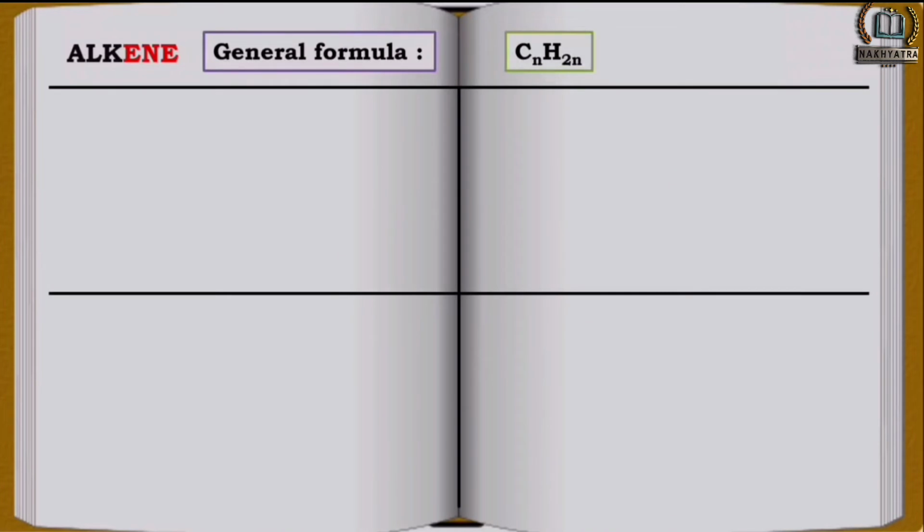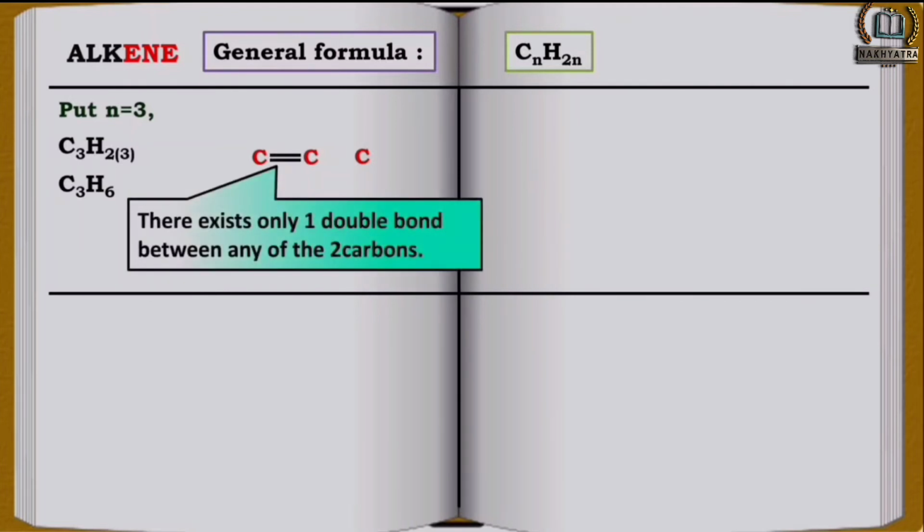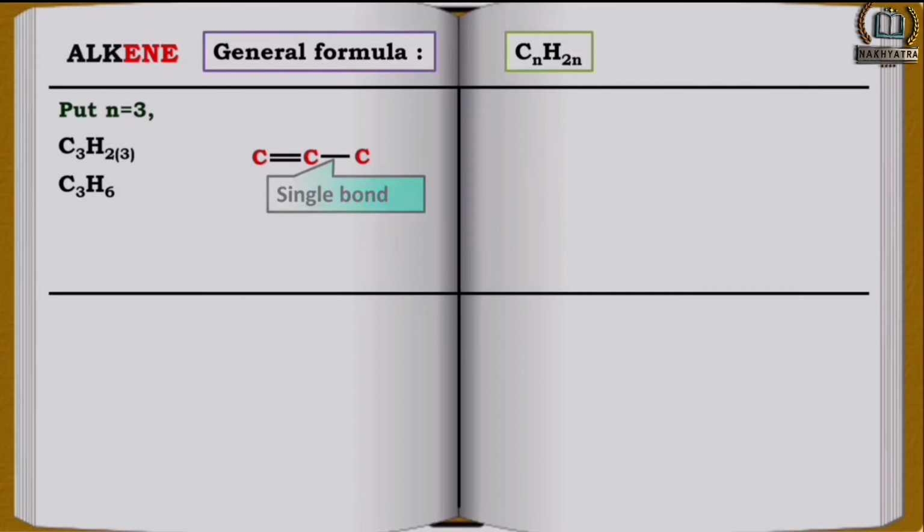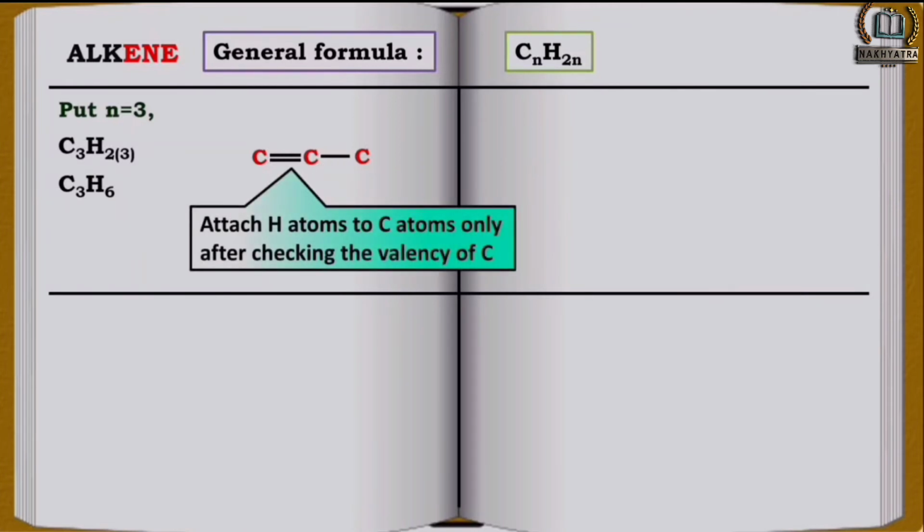Okay, now see alkene, where by putting the value for n equal to 3 in the formula, we will get C3H6. So first write the carbon atoms. Since there exists only one double bond between any two of the carbons, there will be one single bond.